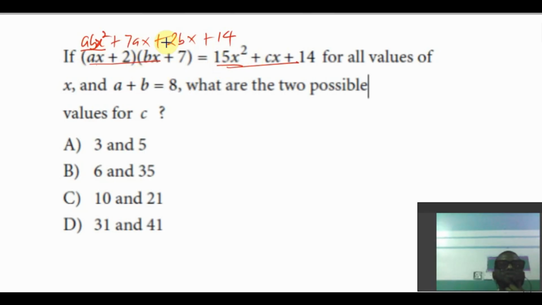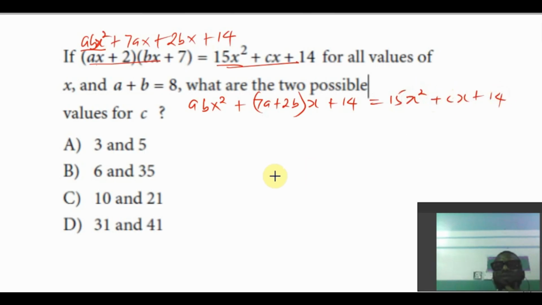If I have abx squared plus, I can say 7a plus 2b all times x, because they are in x, then plus 14, that is the same thing as 15x squared plus cx plus 14. So it means that my c is equal to 7a plus 2b. Do we know a? No. Do we know b? No, but we can get both of them.